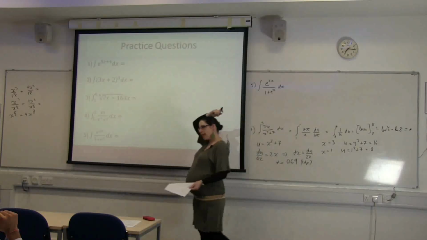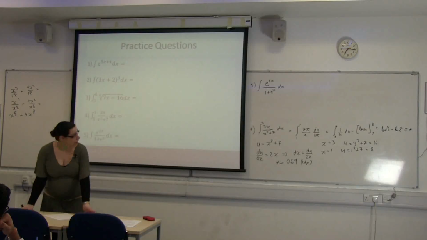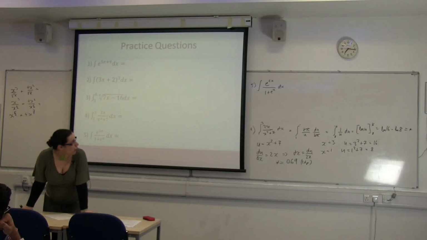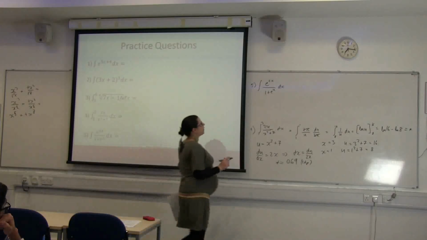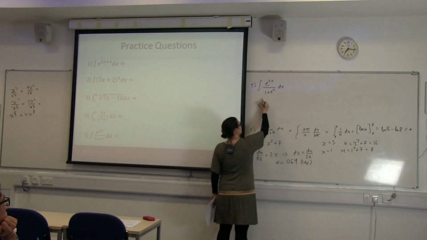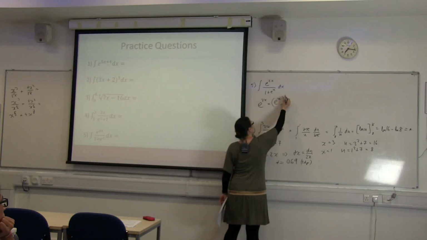I mean, if I make 2x to u, then I would have e to the u over 1 plus e to the u over 2. That doesn't seem to be any simpler at all. Somehow I want to get rid of the e to the x altogether. So, one thing that I notice here is that e to the 2x is nothing else but e^x squared.